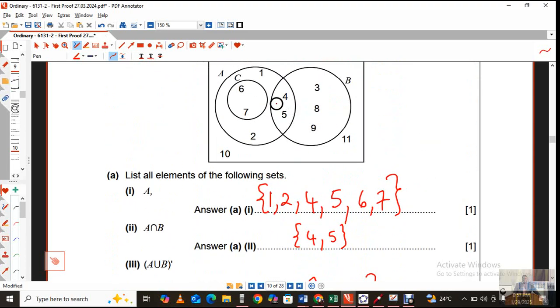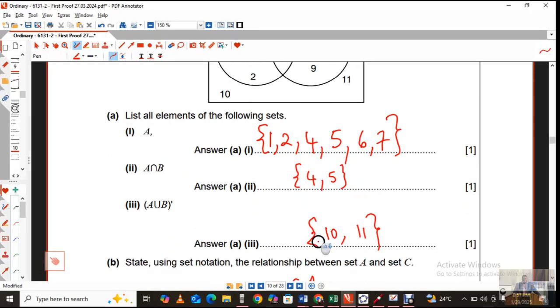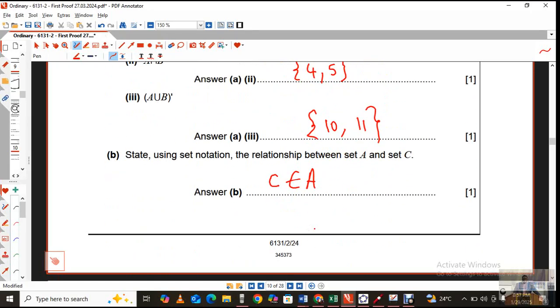Okay? When you're part of a set, you're an element of a set. So it's a member of these, 6 and 7 is a member of that. As you can see them already there in set A. Or there is another one. We can say C is a subset of A. Okay? What does that mean? I'll write it here.